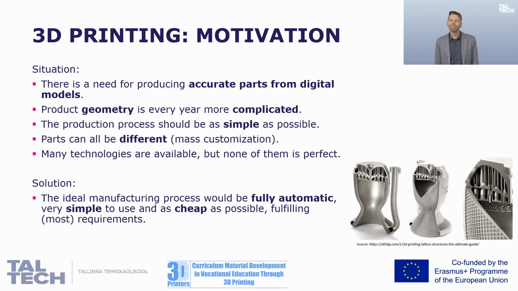And it would be nice if parts in production can be totally different. So if parts are all the same, we are producing many parts, it's of course nice as well. But in many cases we would like to have such kind of capability that all the parts that we are producing are a little bit different.